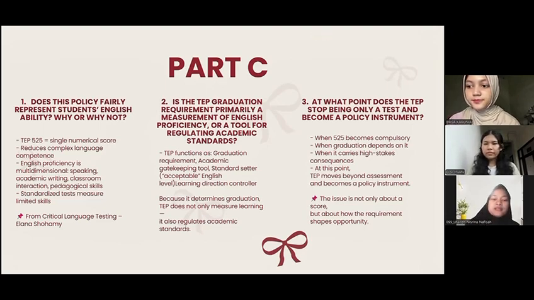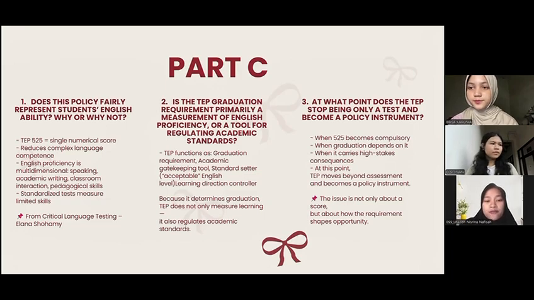Okay, we move into part C. The first discussion in this part is, does this policy fairly represent students' English ability? It can be argued that it does not fully represent students' ability. A single TEP score of 5 to 5 reduces complex language competence into one numerical result.